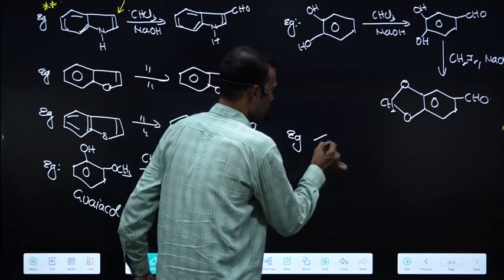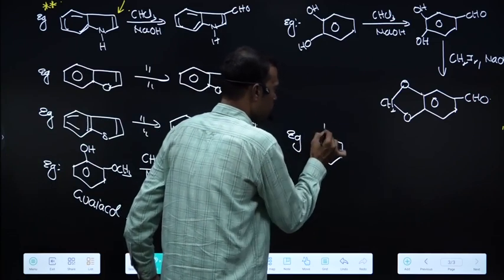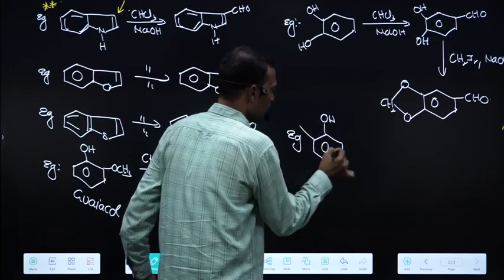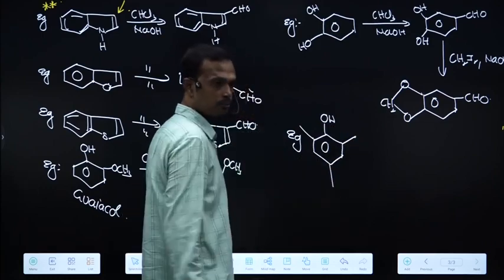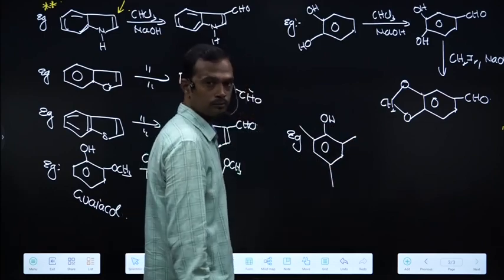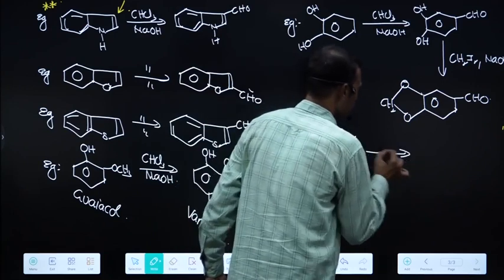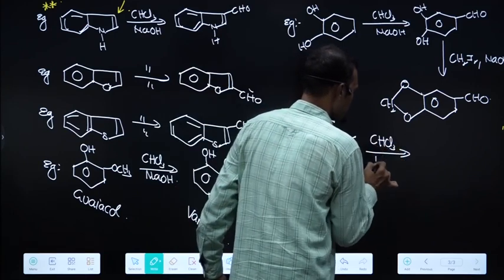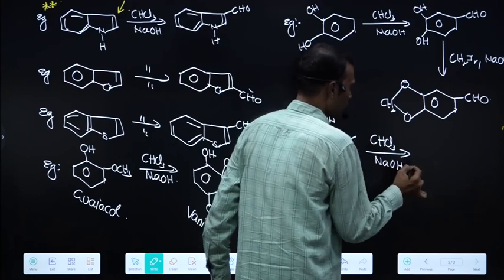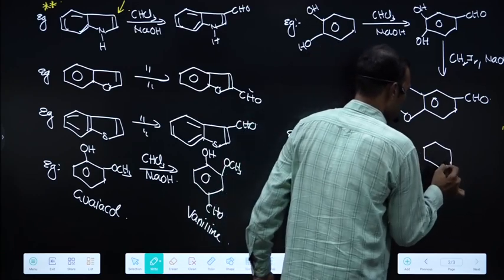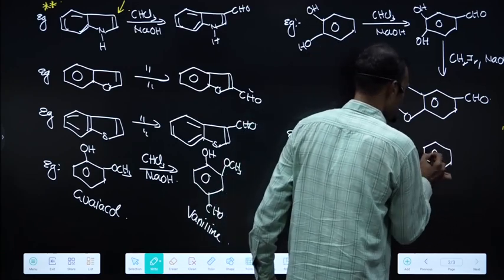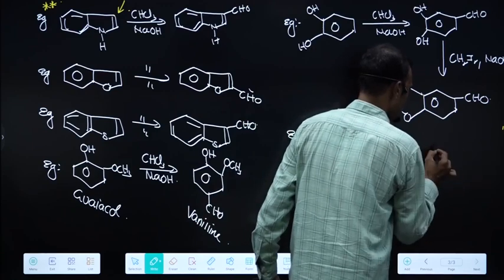Suppose the ortho and para positions of phenol are substituted by alkyl groups, there is no availability of proton. So what is the requirement of the Reimer-Tiemann reaction? Is there a requirement of proton or not? If proton is not available, remember this will direct at the ortho position. First priority, it will direct at the ortho position.